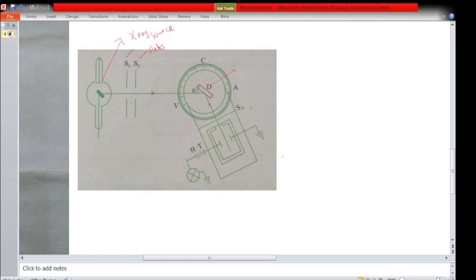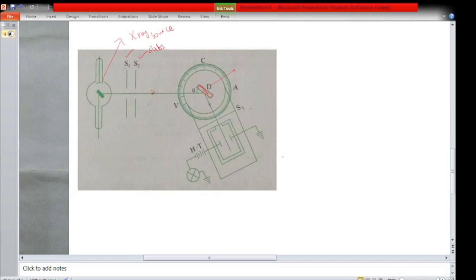Okay, this D stands for the crystal, the sample that we are using. So those X-rays go and hit that single crystal mounted on the turntable. You can see here, and the crystal is rotated by means of the turntable so as to increase the glancing angle at which the X-rays are incident on the exposed face of the crystal.